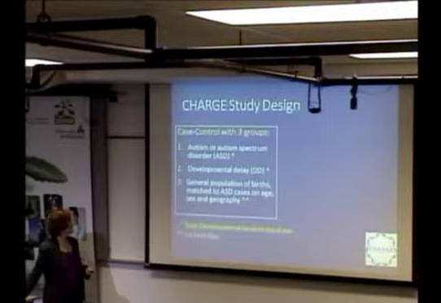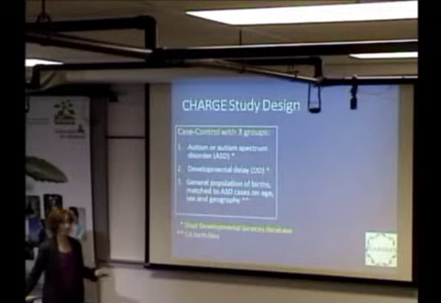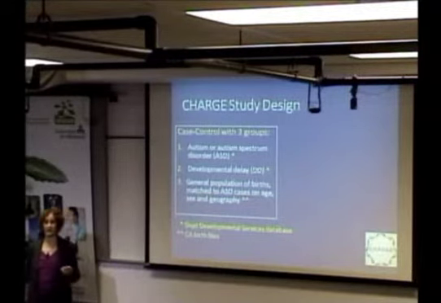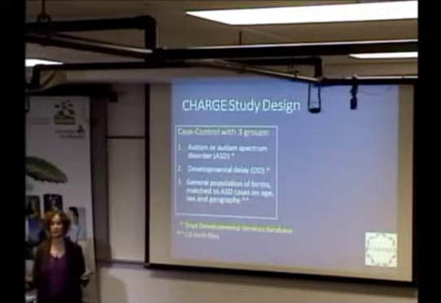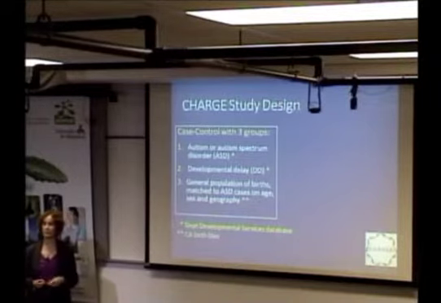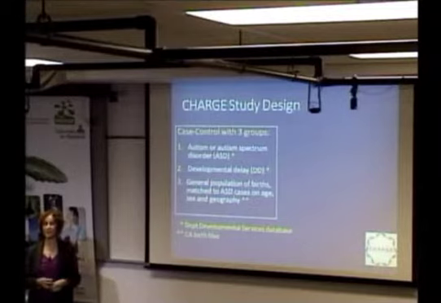The way we got the children with the developmental conditions was through the California State Department of Developmental Services, which has a database of all the people who receive services through state funding. We've collaborated with them, and they have provided us with lists of people that we can then contact. I feel very lucky because I don't know very many places that have this.